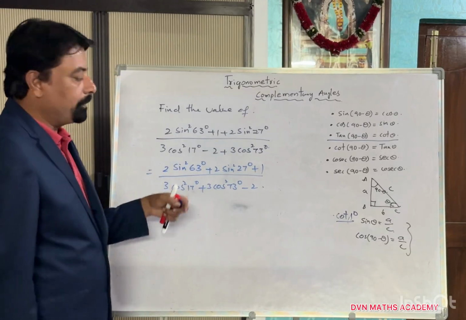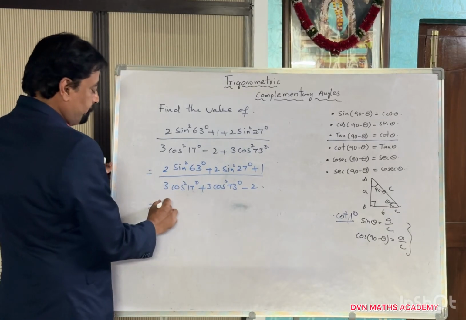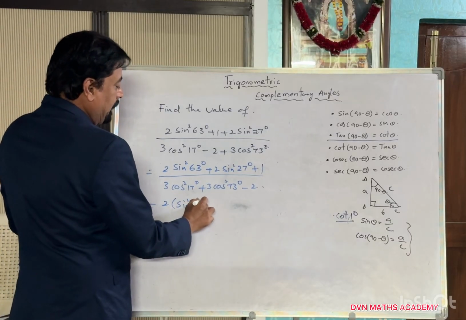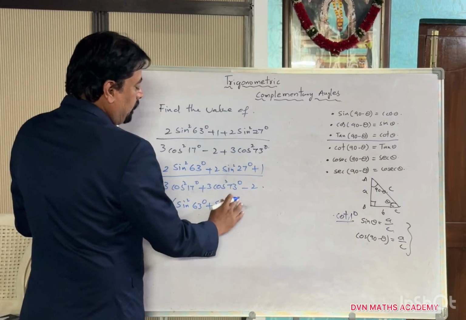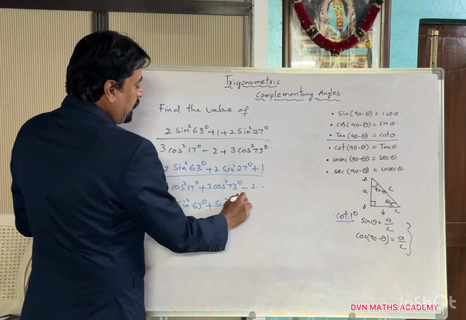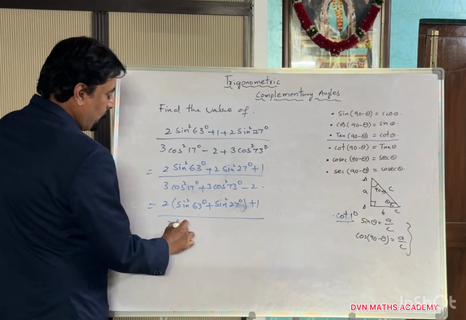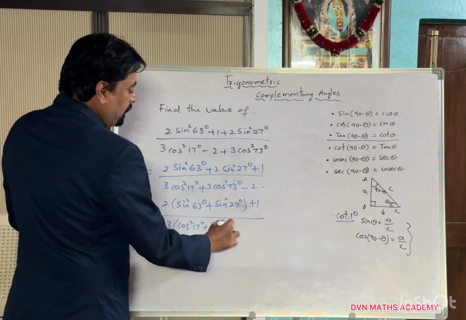I just changed the order of the numerator and denominator. So 2 will be common. If I make 2 common, sine square 63 degrees plus sine square 27 degrees plus 1. And if I make 3 common here, 3 into cos square 17 degrees plus cos square 73 degrees minus 2.